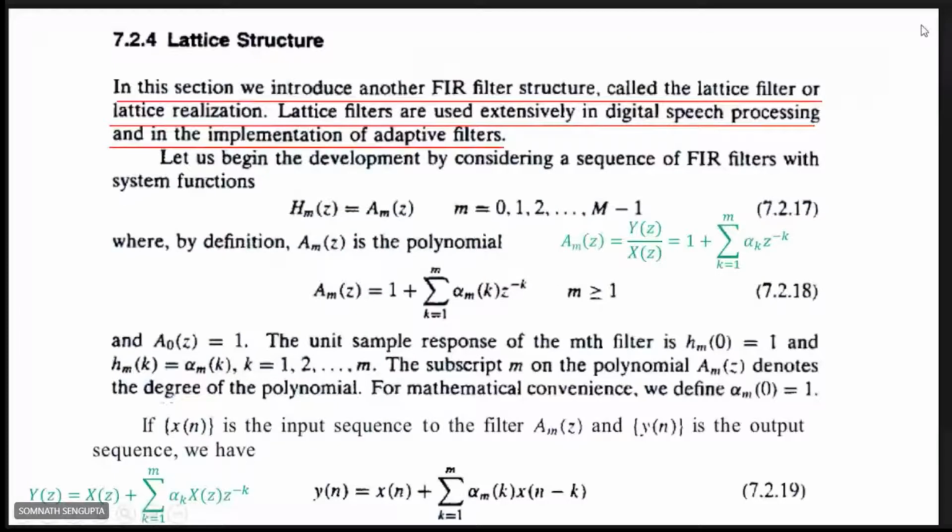Then we go to the next topic, that is lattice structure. It is a slightly difficult structure, but has some advantages, and actually it is used in speech processing applications and in the design of adaptive filters. So you know what lattice means?